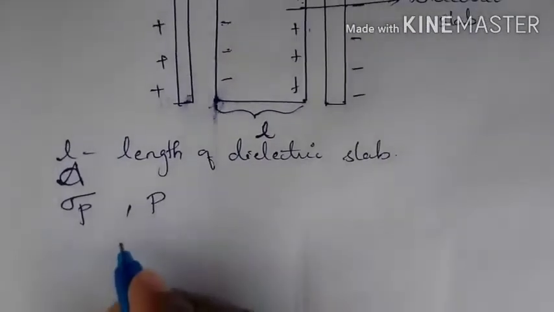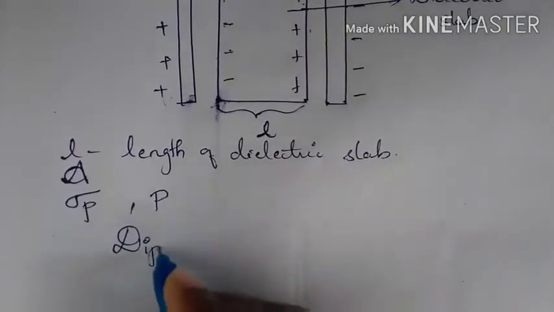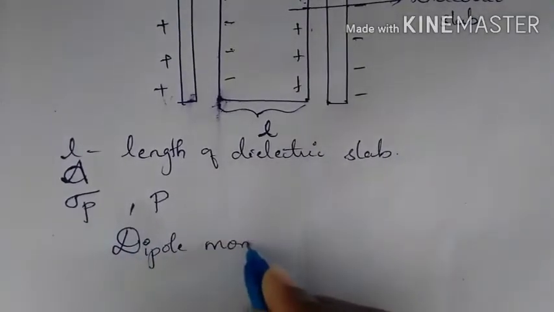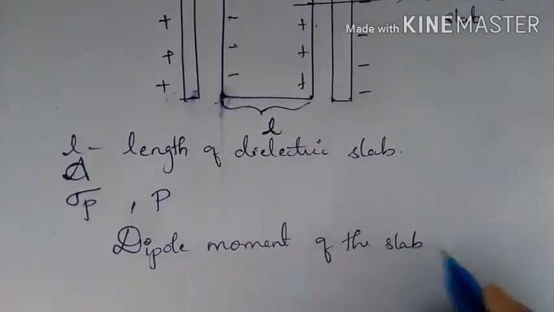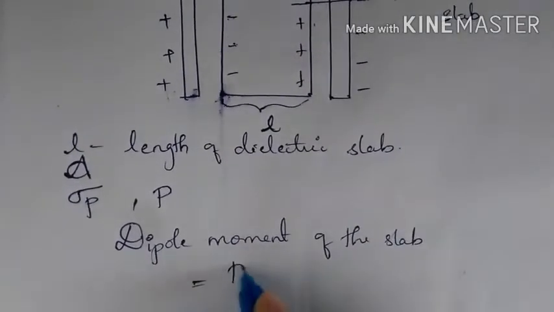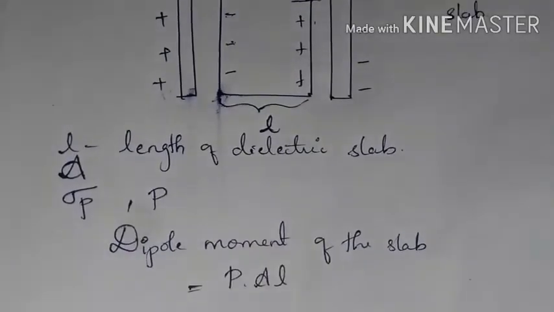So you have L, A, sigma p and P. From this we can write the dipole moment of the slab will be P into AL.